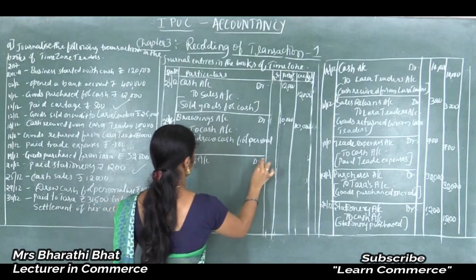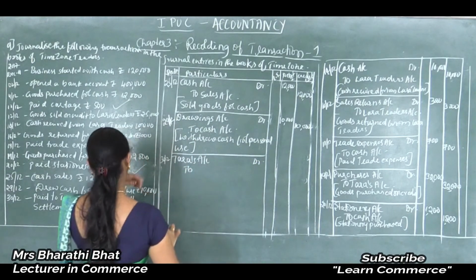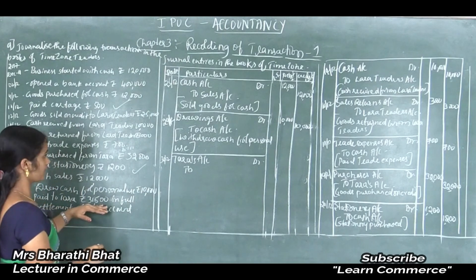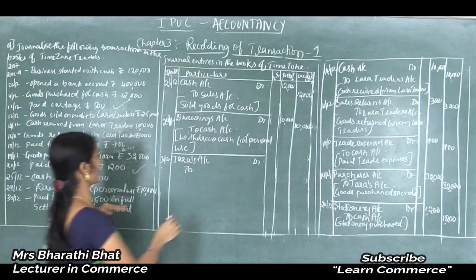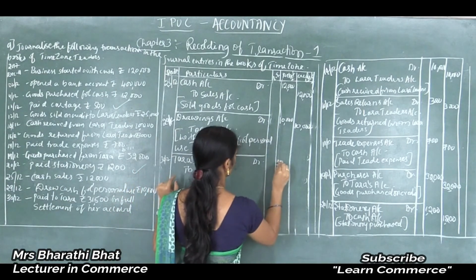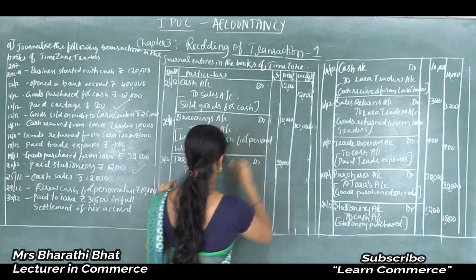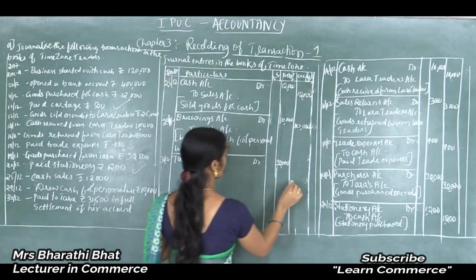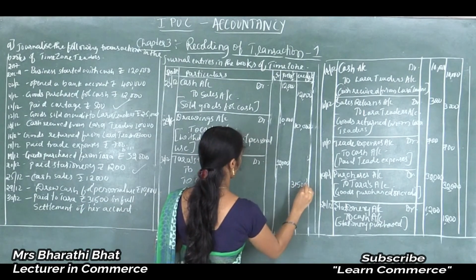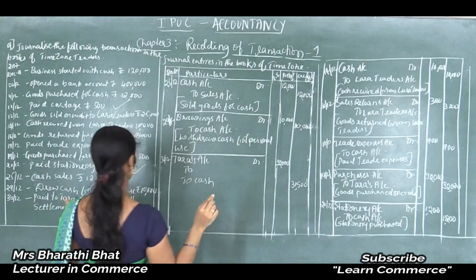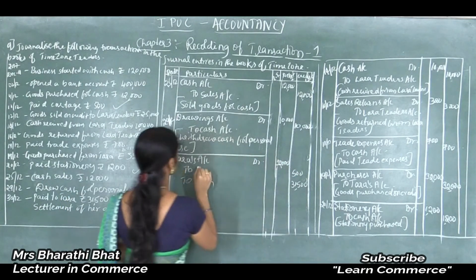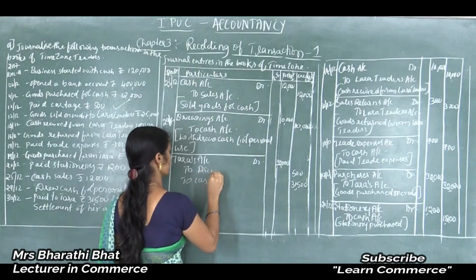Tara's account debited to 32,000 in full settlement. Tara's account shows 32,000, but we paid cash only 31,500, and the remaining 500 rupees is considered as discount received.